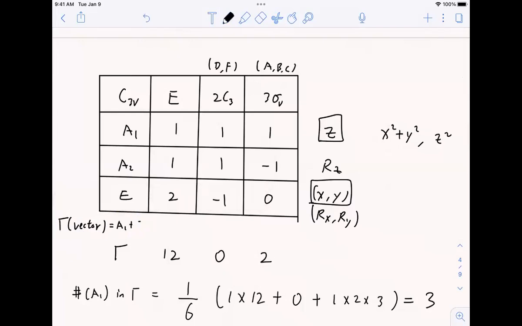This is A1 plus E. It's this one and this one. So the trace will be just this one plus this. The trace is 3. And then this one plus this will be 0. And this one plus this will be 1.